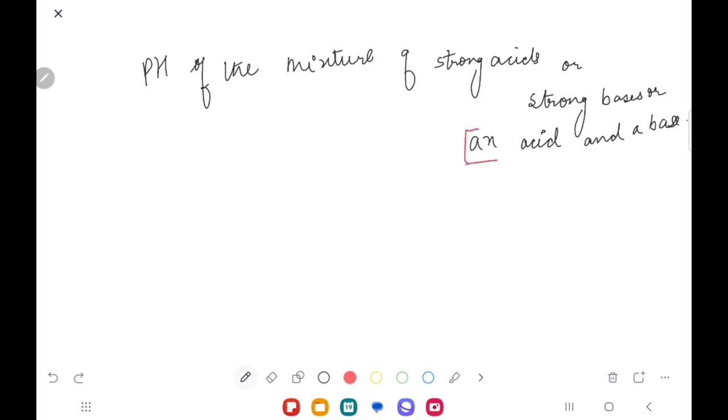You understand? Alright, yes. So we are talking about the pH of the mixture of strong acid or strong base. That's what we are supposed to find out today.